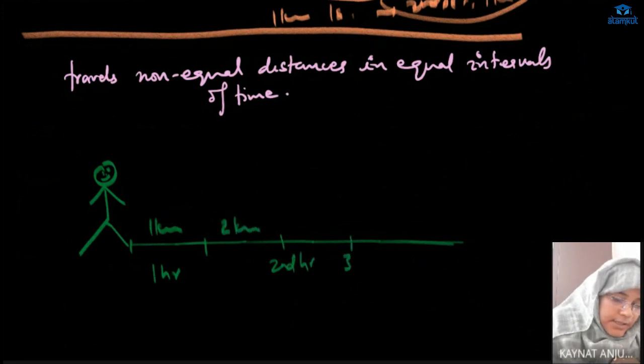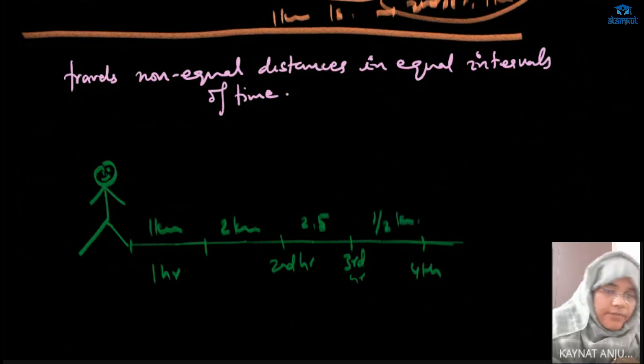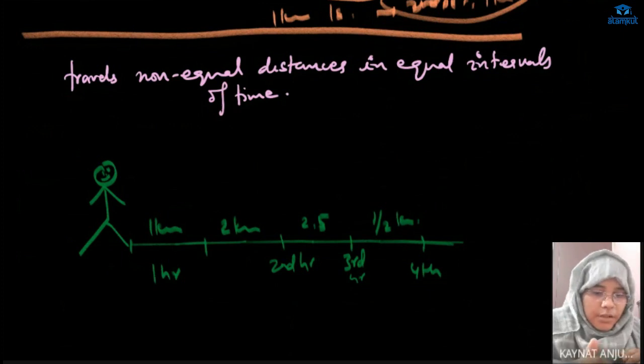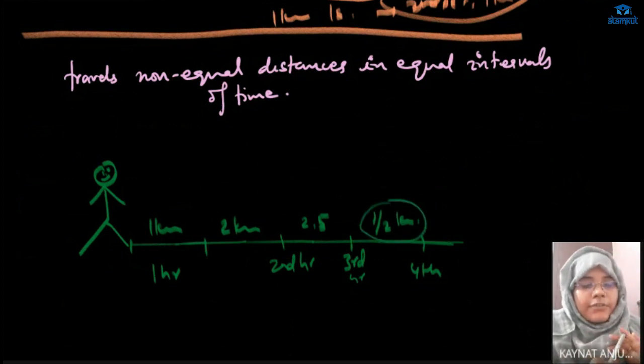In the third hour he has covered 2.5 kilometers, and in the fourth hour only half a kilometer. Someone met him and he started talking and forgot to travel. He just stopped there.